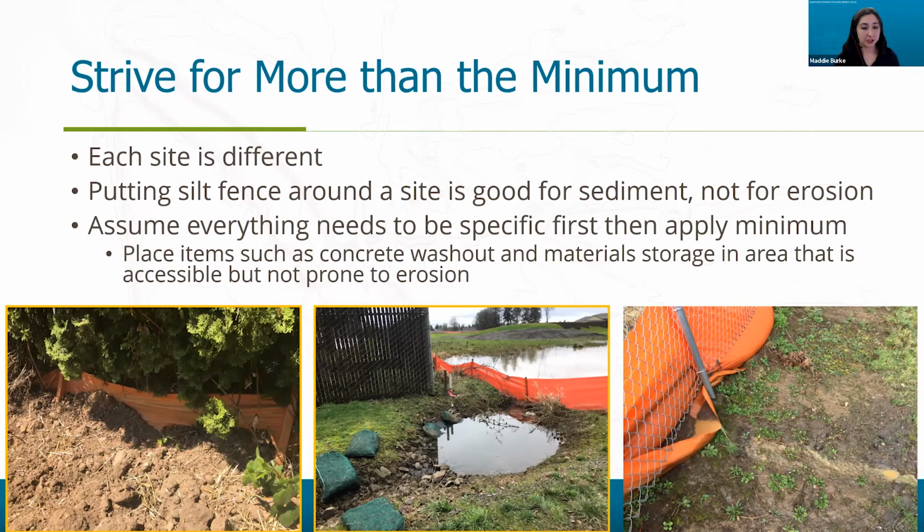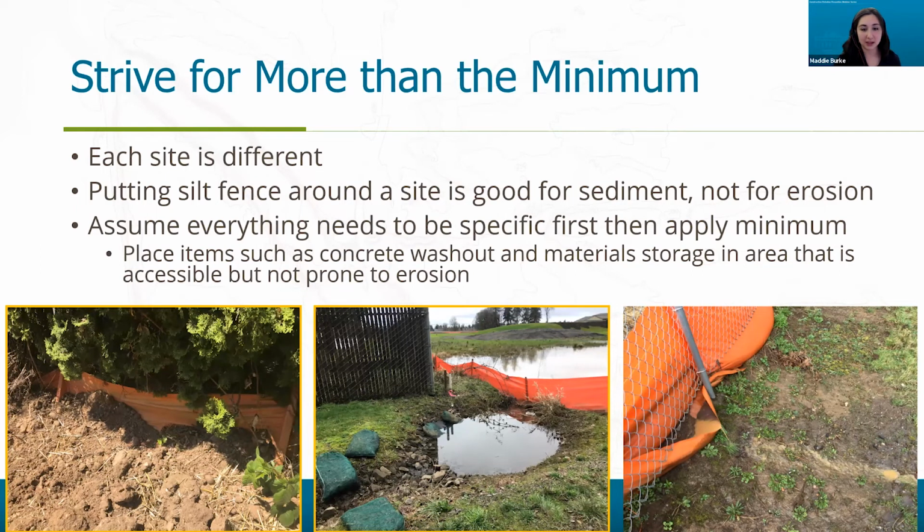In the second project, the SWPPP and erosion control plan said that the site will infiltrate. And here you can see water building up at the silt fence, and that silt fence was not sufficient to hold in that water, and water left the site and went onto the neighboring property and also the right of way.